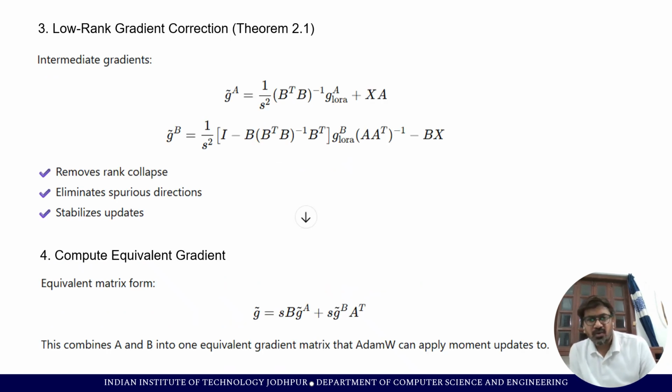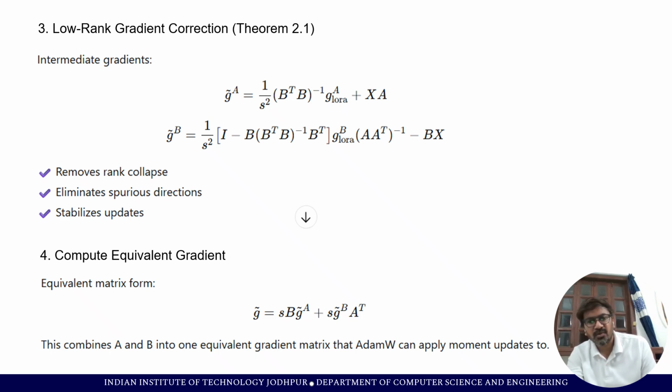In step 3, the low rank gradient correction. Here we apply the first correction. We essentially project the gradients to ensure they align better with the full rank update direction, minimizing the approximation error. In step 4, the equivalent gradient. This is a key innovation.